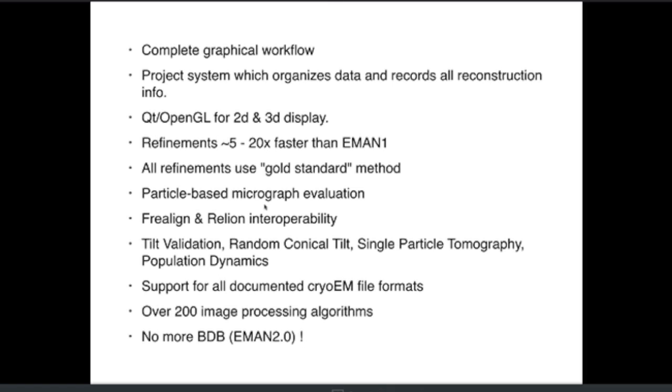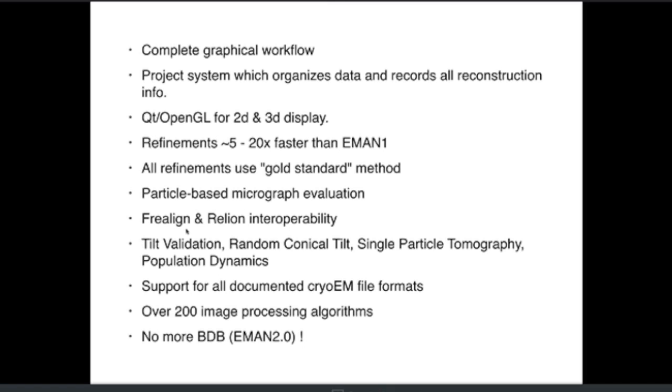For example, if you have a lot of strong scatterers in the buffer that you're using to hold your molecules, or if you have a continuous carbon film supporting your specimen, or other things like that, it can lead to apparently high information content in the image. If you look at the power spectrum of the image, you see a lot of high resolution signal, whereas actually most of that signal is noise. It's things like the carbon film, which aren't contributing towards the quality of your reconstruction. So we actually have a novel particle-based approach, which allows you to really assess whether your individual images are good or bad, and whether you should throw them out or keep them.